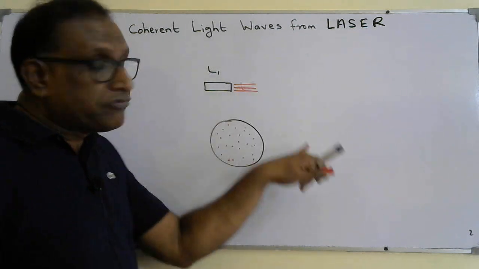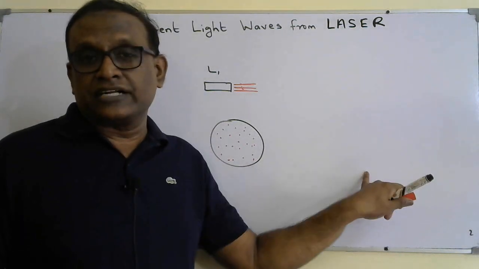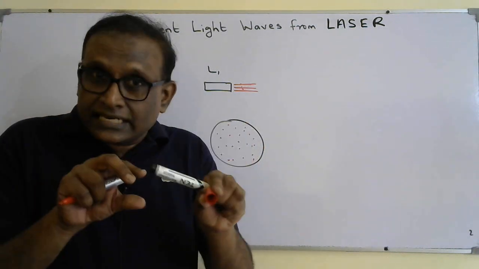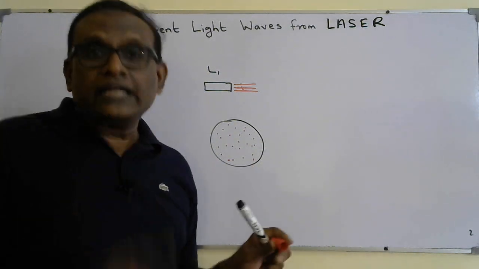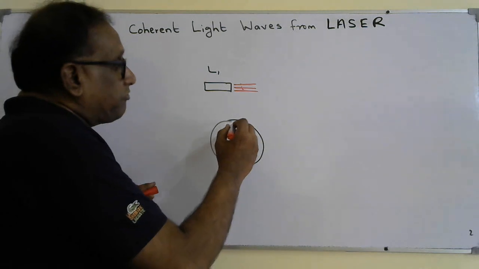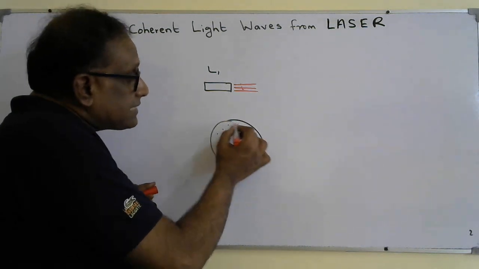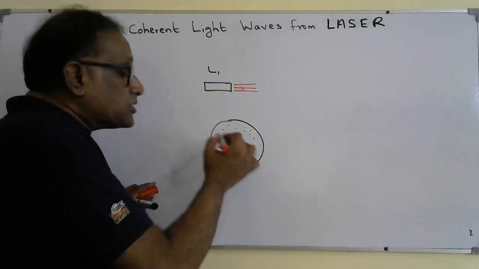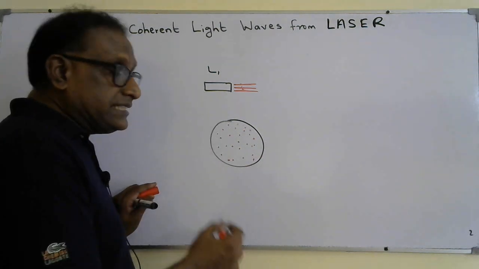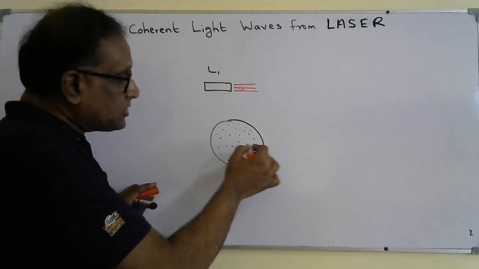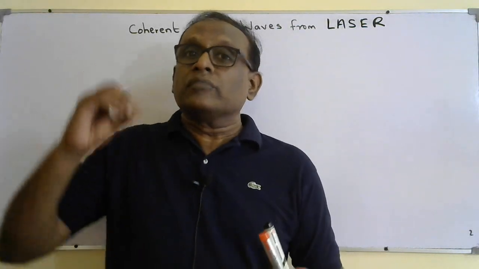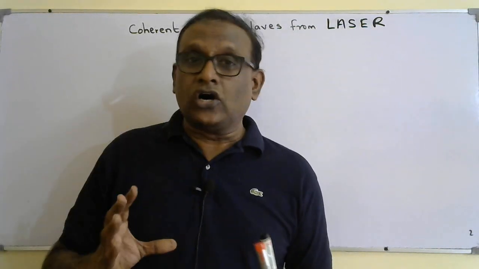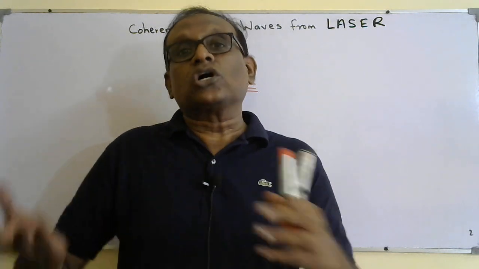When you consider two different laser torches, the phase difference between the two laser lights will randomly change. But within one laser torch, whatever change occurs here will occur everywhere. So the laser light from a particular laser torch is coherent among itself.